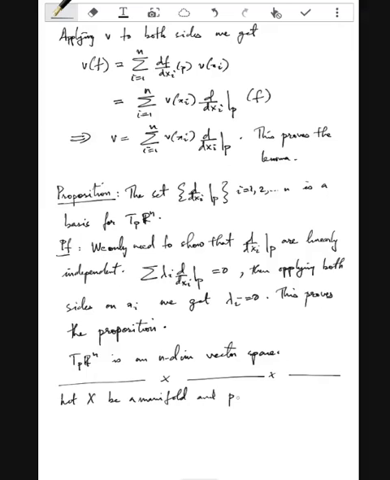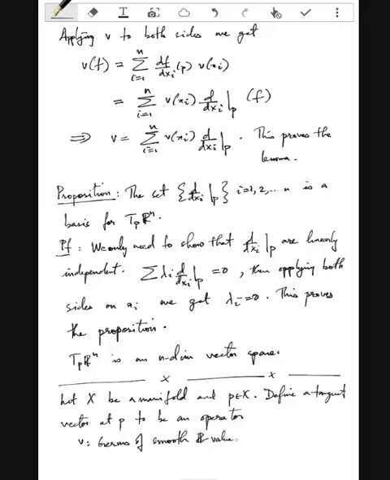And let P be in X. Define a tangent vector at P to be an operator V from germs of smooth R valued functions at P to R, such that, as before, 1, V is R linear, and 2, V satisfies the Leibniz rule.